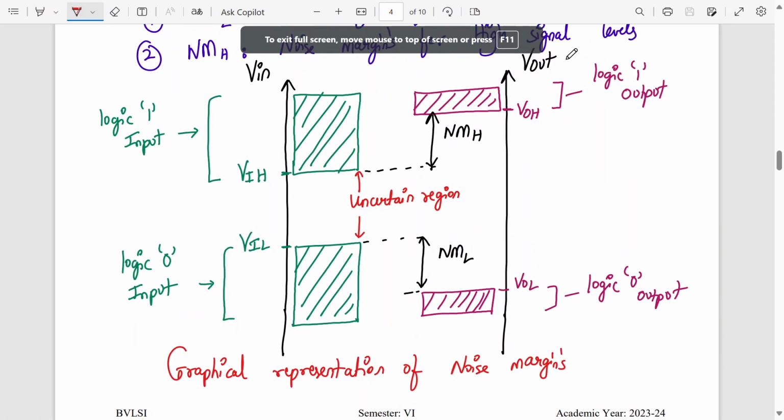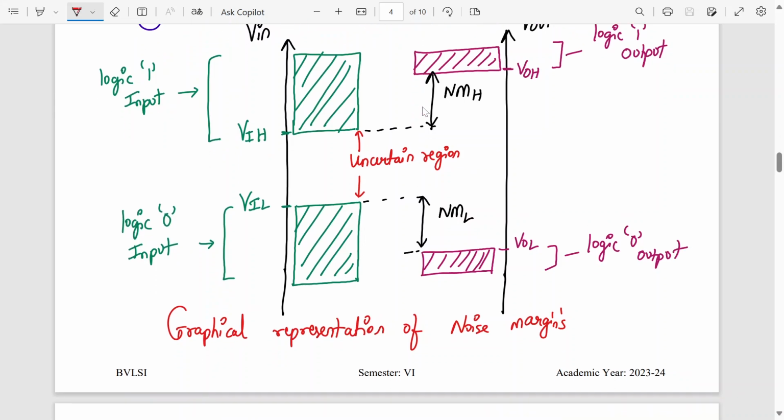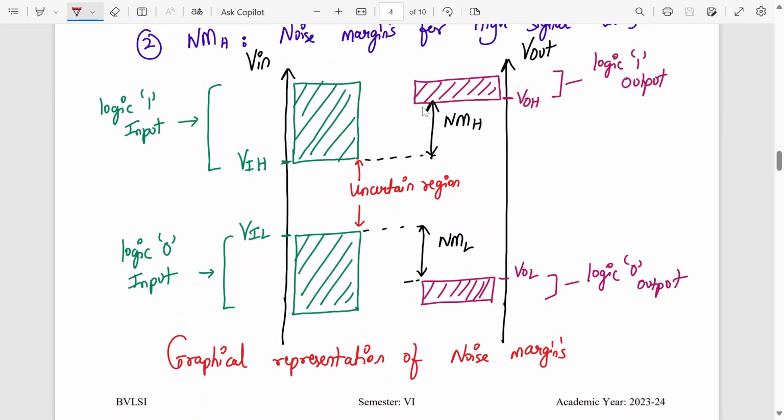So we have to design a system which has large noise margins. Noise margin high and noise margin low should be large enough so that this uncertain region is quite small. Understood? This is the aim of any inverter. So from here, can you define graphically what noise margin high and noise margin low are? Can you write the formula for noise margin high?